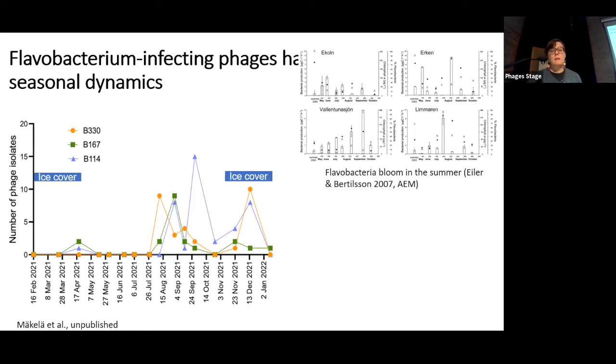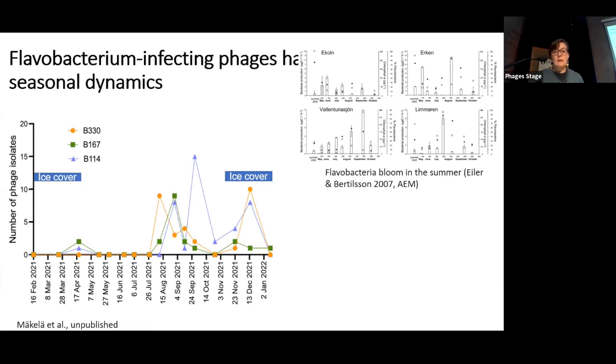And this quite nicely reflects what we see in our own data: if flavobacteria start to bloom during the summer, then it's kind of obvious that the phages will follow those dynamics.